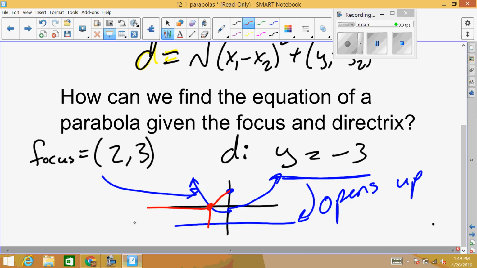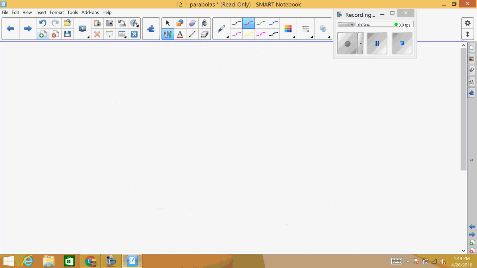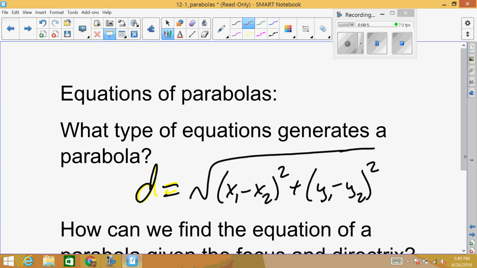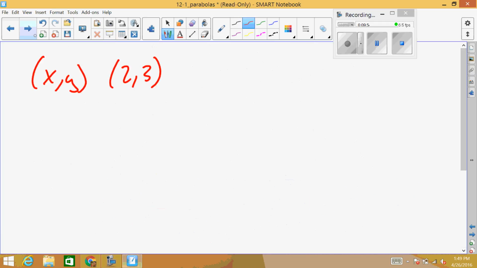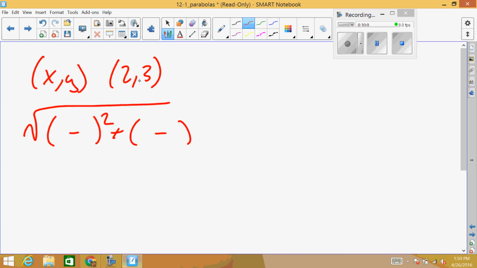I'm just going to call this point right now x, y, because I don't really know what the coordinates of that point are. So I'm going to find the distance from x, y, a point on my parabola, to the focus, which was 2, 3, if I remember correctly. Let's double check that. Okay, distance formula, square root of my first point.